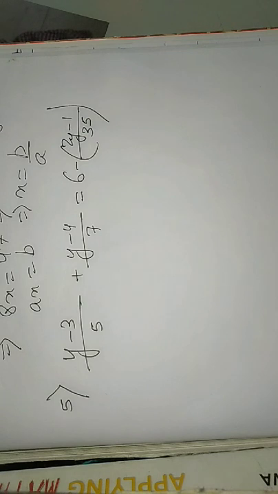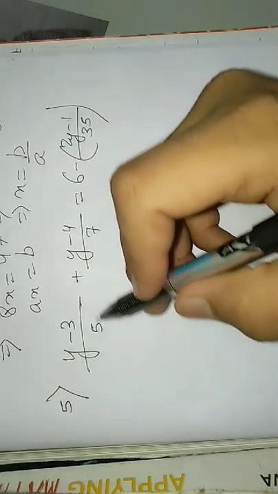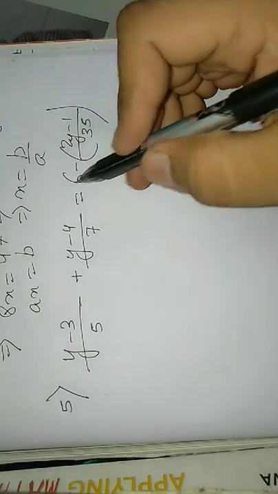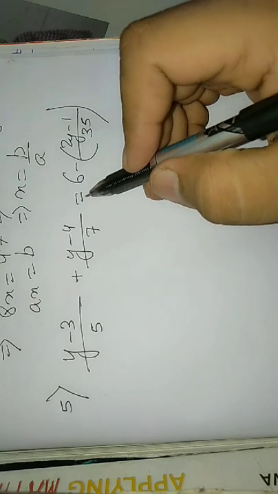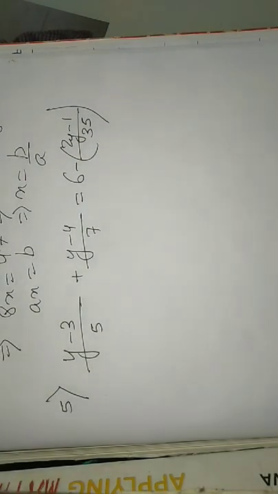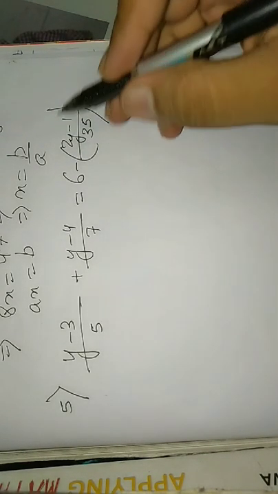Okay. So you can see, students, a term with variable in it, a term with variable in it. This is a constant term, but again a variable in it. So students, here what we'll do, you see this is minus and again 2y minus 1.